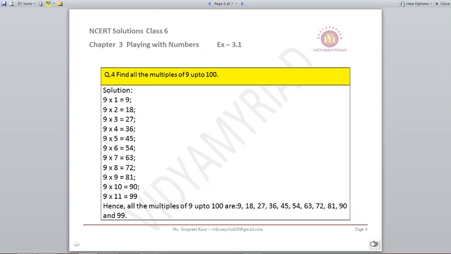We will stop here? No, we will try to find the next number also, because we want to go till 100. So next number will be 9 into 11. 9 11s are 99, which is below 100. So I will write my multiples of 9 till 99.